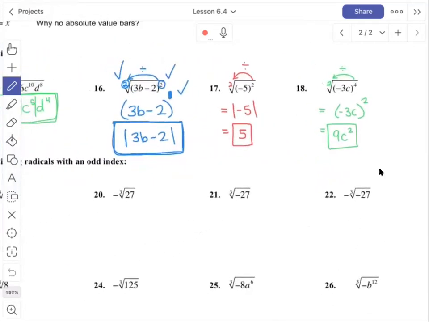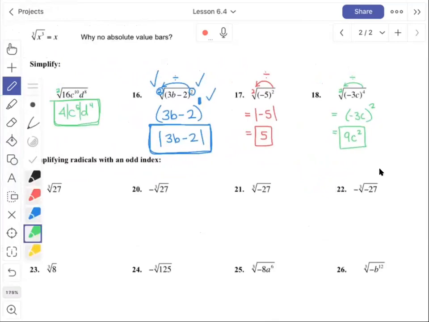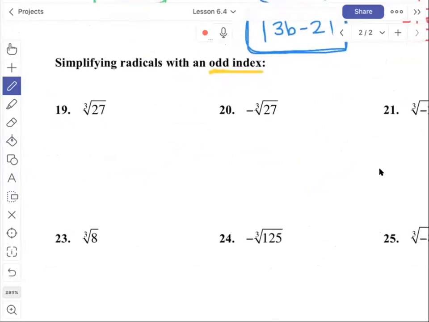Okay, let's go to our last part here, guys, with odd index. Leo, I'll have you help me with number 19. So odd index. Now we don't have to worry about absolute values anymore, because it's an odd index. Leo, go for it. Number 19. 3. Good.